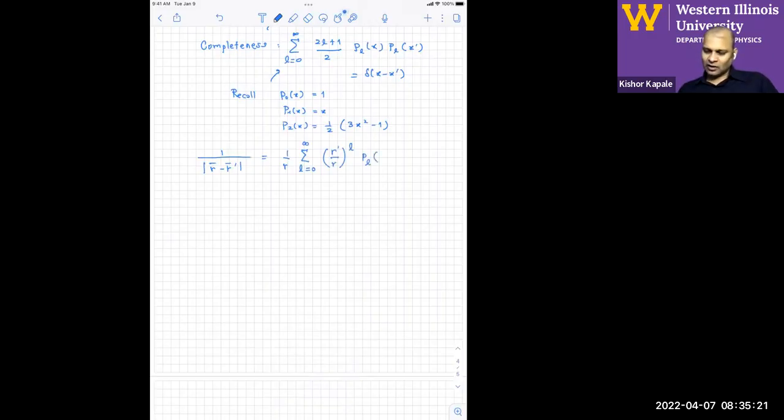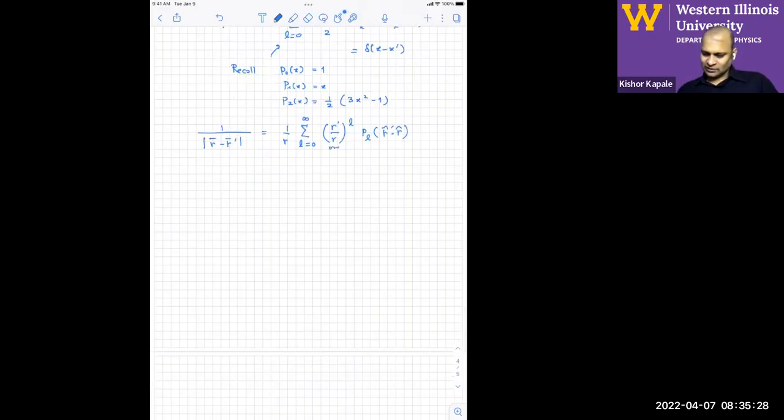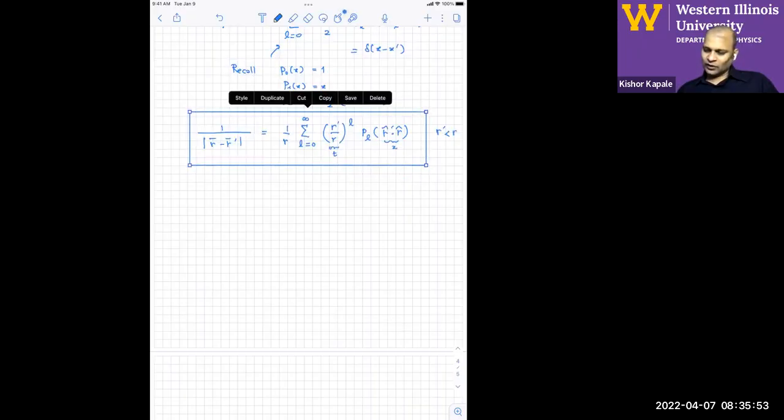Then P_l of r prime hat dotted with r hat. Okay, so that's our t, and that's our x. And this, of course, is true for r prime less than r. And so you will see that this is another expansion really for the distance parameter. It does not compare term by term with the multipoles that we talked about.